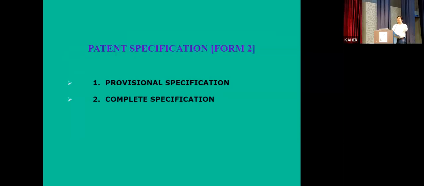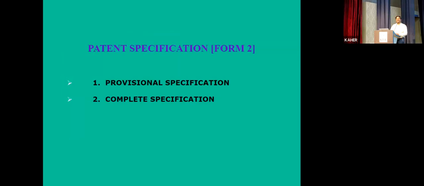So form number 2, you can file either provisional or complete. Provisional means it is an idea. So sitting here in the hall, you got an idea to develop something. And you may have a doubt that before I file a patent, someone else may file. That's why I want to preserve my date.